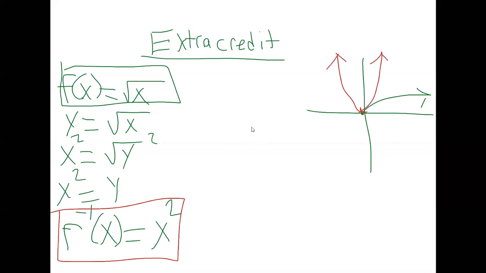The one thing that should never happen when you find an inverse is that it changes the shape of your graph. If you look at what I plotted in green and what I plotted in red, those are not the same graphs. The green function is basically half of that red function, right? So that should never happen when you're taking your inverse. Your graph itself should not change. Remember, it just swaps your x and y.